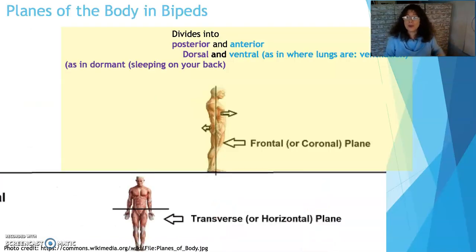When we go to our next plane, plane number 2, which is another vertical plane, this plane divides a bipedal body into front and back. This is called the frontal plane. It goes from the middle of your skull down through your shoulders, down through your abdomen, down through your legs.